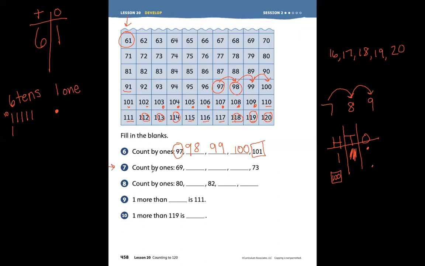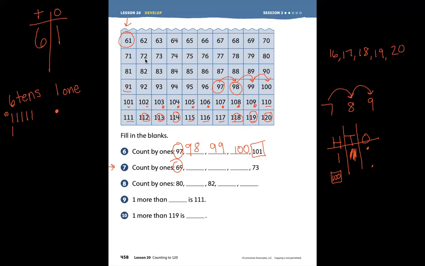Let's go to problem number 7. It says count by ones, 69. I'm going to grab a different color. I need to bring my toolbar up. I'm going to get green this time.